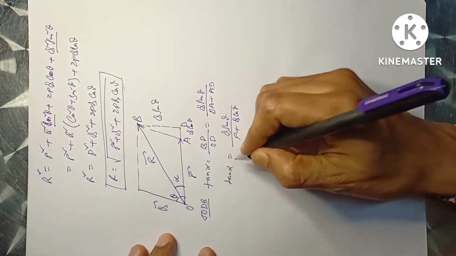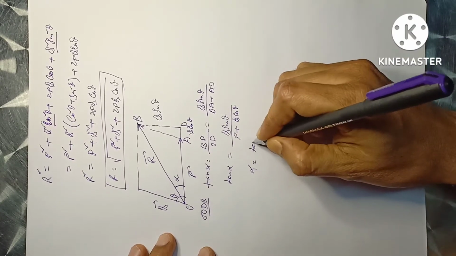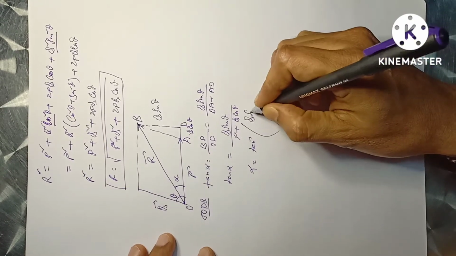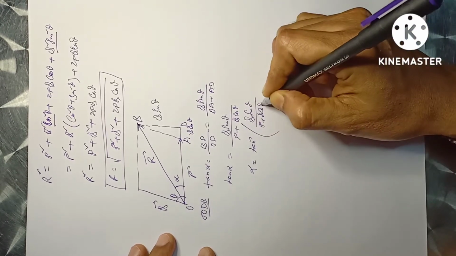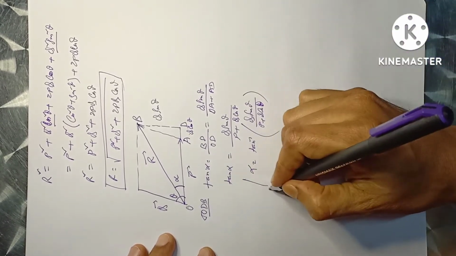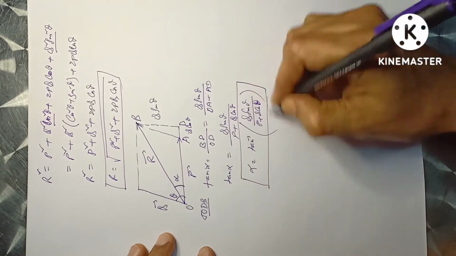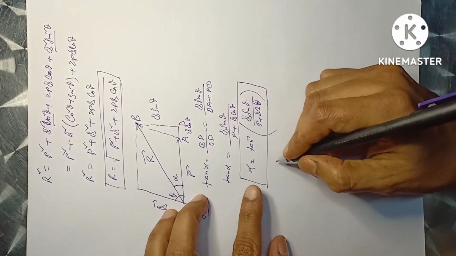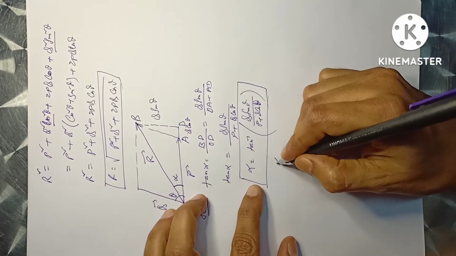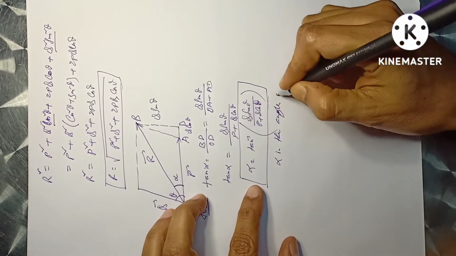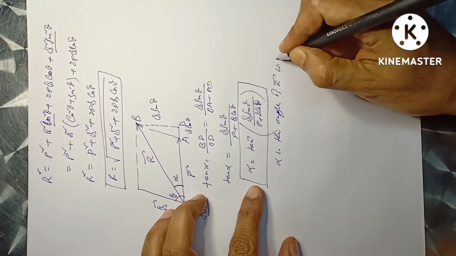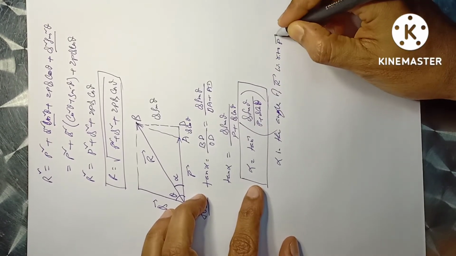So tan alpha equal to this below, and alpha equal to tan inverse of Q sin theta divided by P plus Q cos theta. This is the formula for the direction of the resultant vector with respect to P. This angle alpha is the angle of the R vector with respect to the P vector.